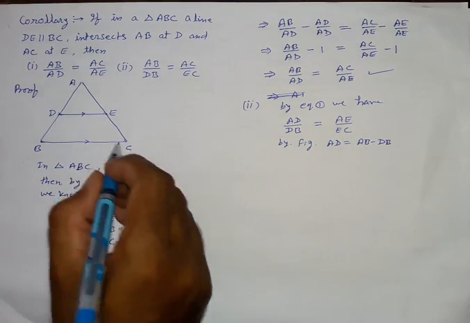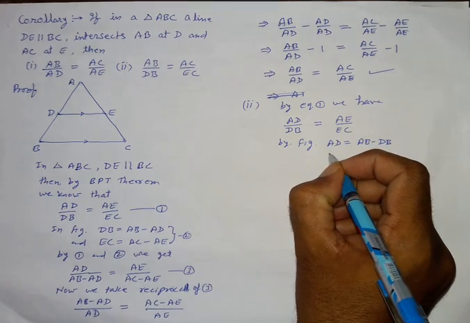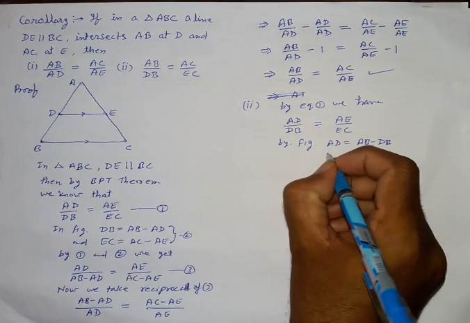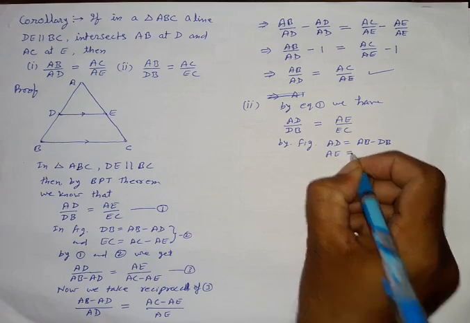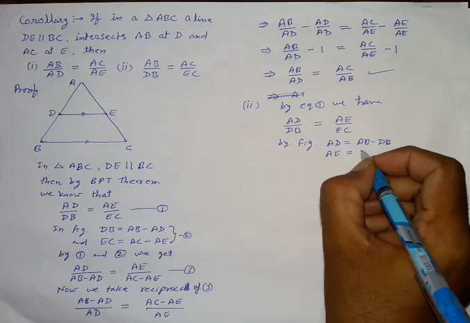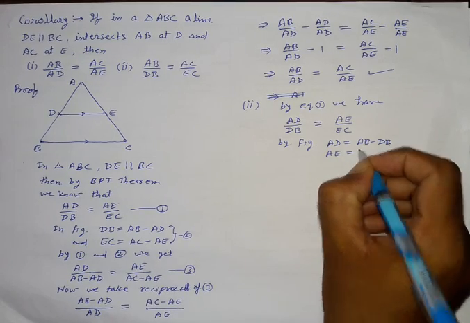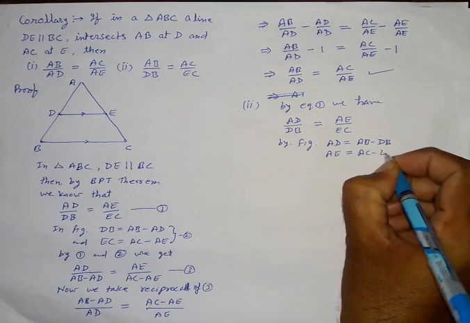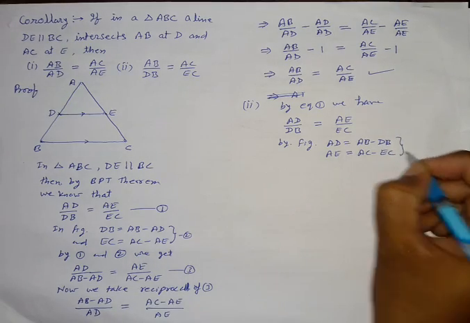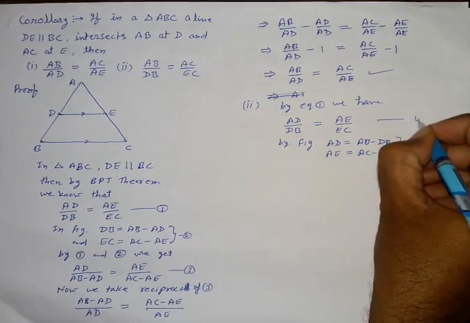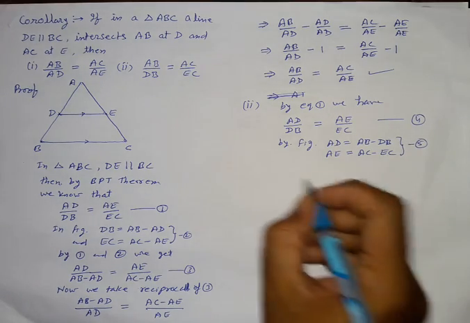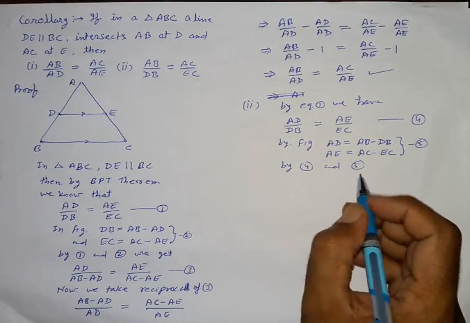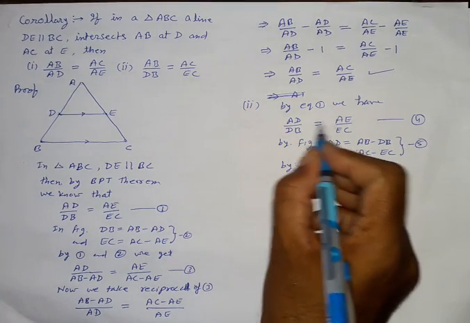And the value of AE, because we want to remove this, is equal to AC minus EC. Equation number 4 and this 5. By equations 4 and 5 we put the values of AD and AE here.